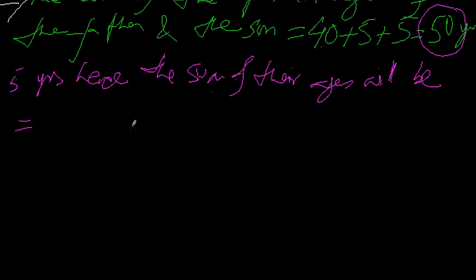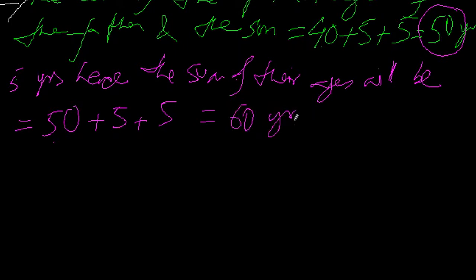So 5 years after, I have to add 5 years for the age of father and 5 years for the age of son. That means the sum of their ages 5 years hence will become 50 plus 5 gives you 55, plus 5 gives you 60. 5 years hence the sum of their ages will become 60 years.